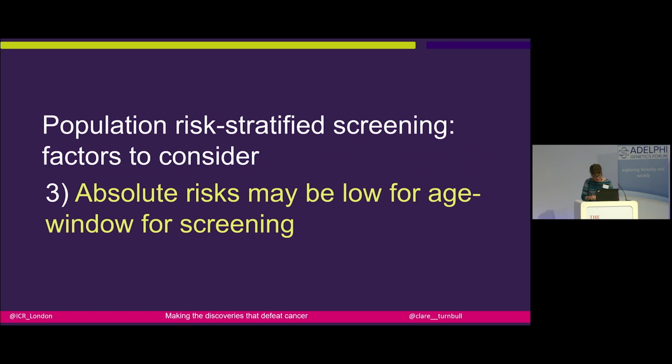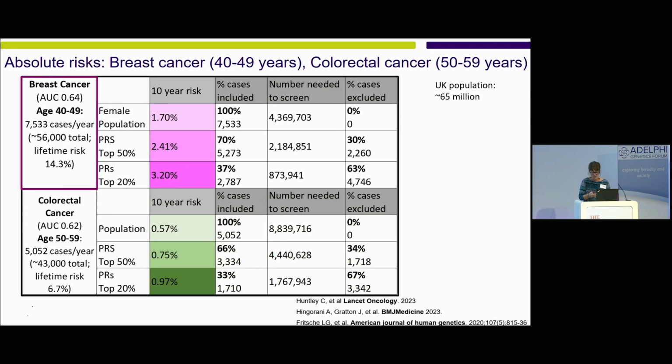So this links into the fact that at the ages in which you may well be implementing your intervention, the absolute risks may be pretty low. So let's look here. There's a lot of focus on bringing the breast cancer screening to younger women. So what would happen if we screened age 40 to 49? Well, your 10-year risk in the population for women that age is 1.7%.